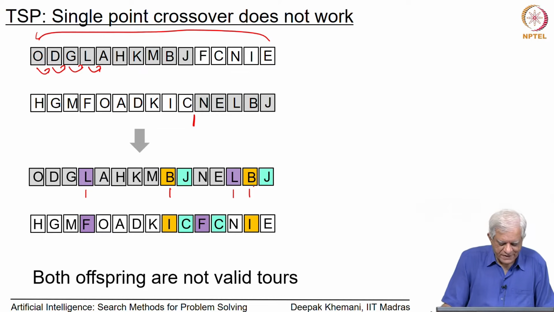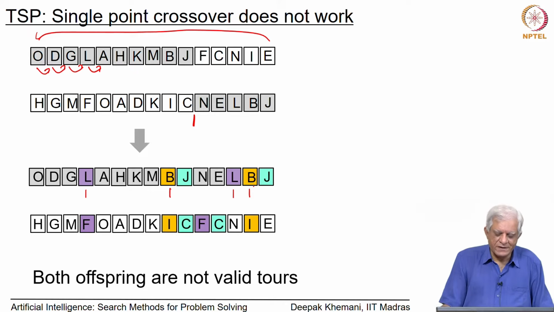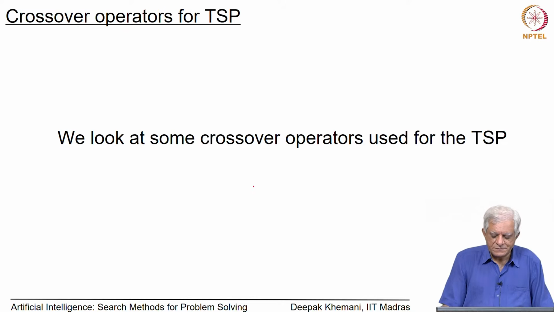So, this simply means that single point crossover is not suitable, at least not for the path representation. Maybe we will later on see that there is an alternate representation where we can in fact use single point crossover. So, let us look at some other crossovers that are popular in literature for solving the TSP.